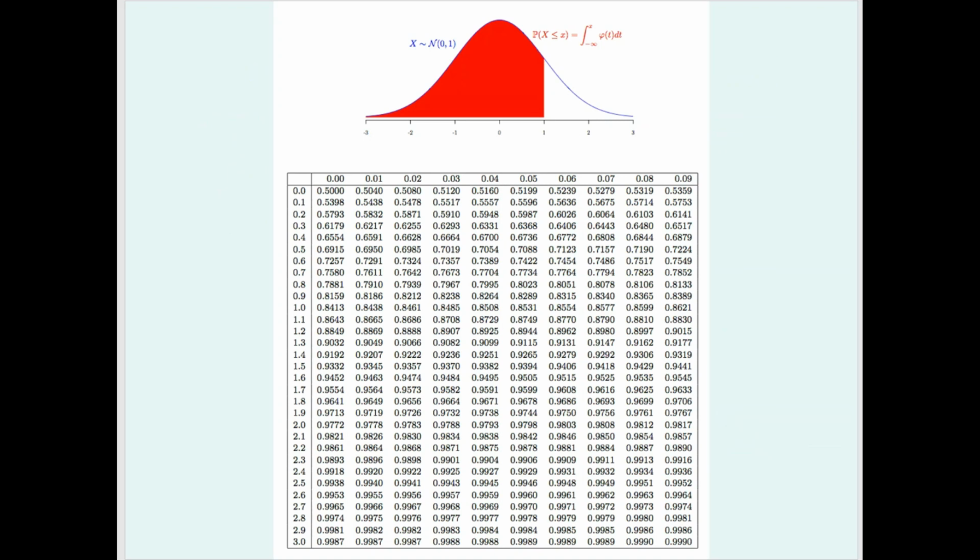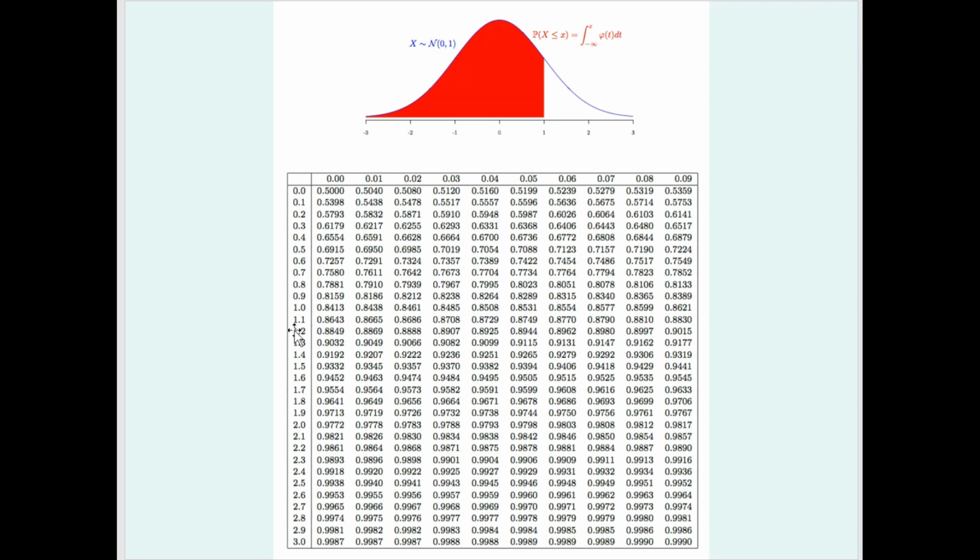From this table, 1.10 is 0.8643. Remember that the value given in the table is for less than the desired amount.